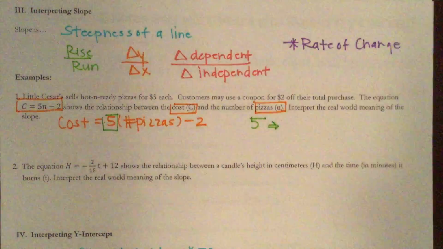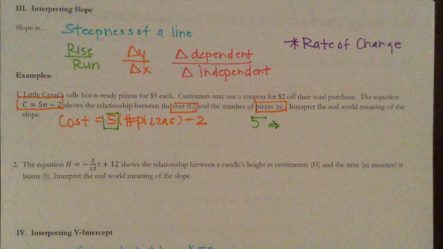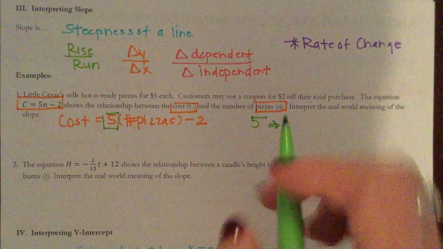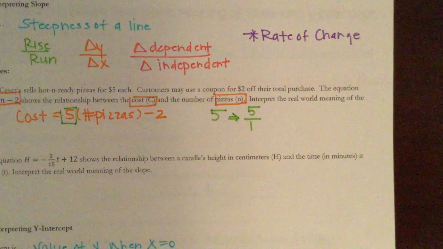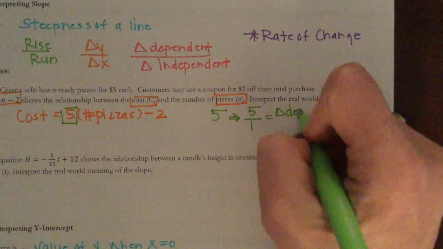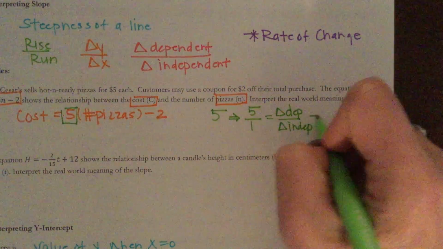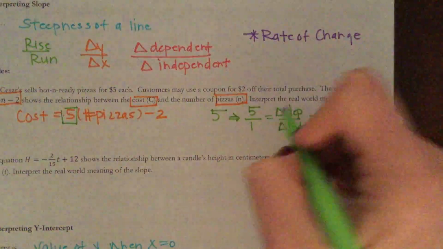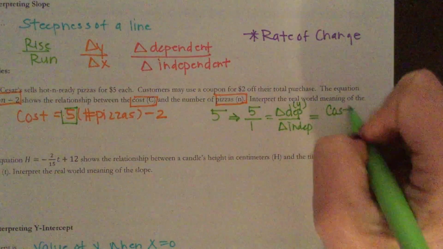Recall that 5 as a fraction is 5 over 1. Recall that when we talk about slope, we talk about how our dependent variable changes with respect to how our independent variable changes. In this problem, our dependent variable, or our Y, is the cost.